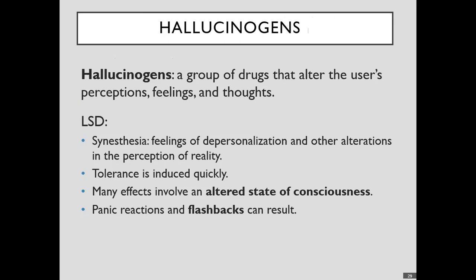Larger doses of LSD produce synesthesia and other alterations in the perceived relationship between yourself and the external reality around you. So effects from low doses are largely determined by the expectations and the setting. Effects are difficult to describe because they involve altered states of consciousness.